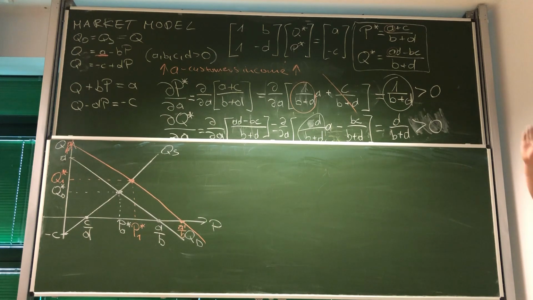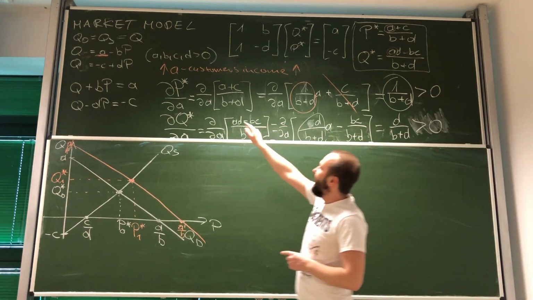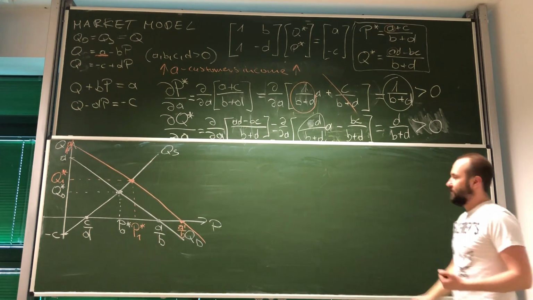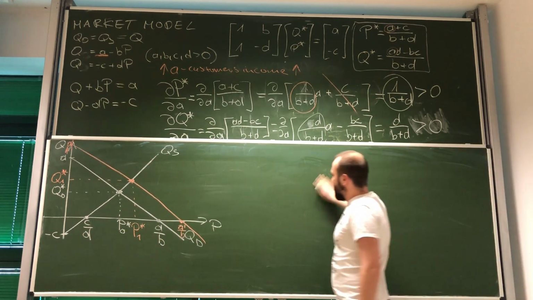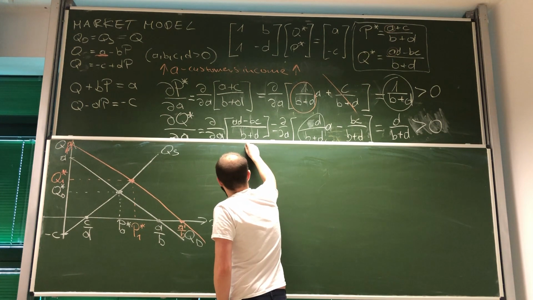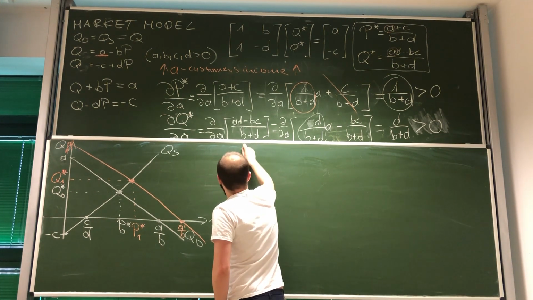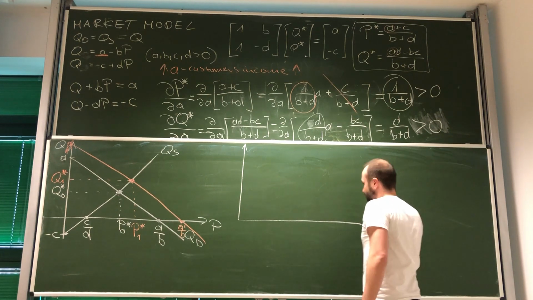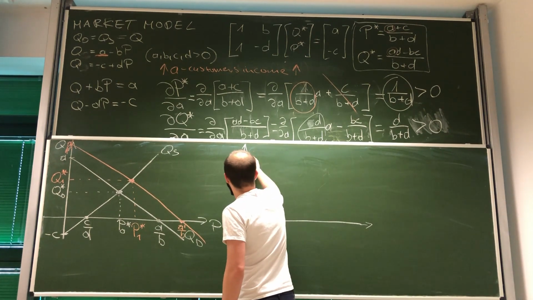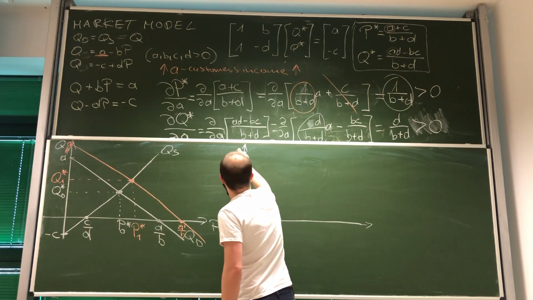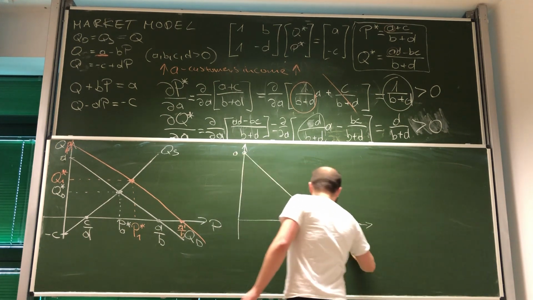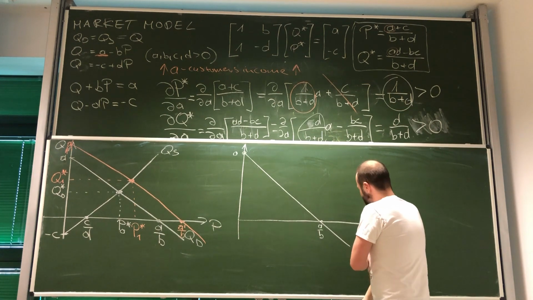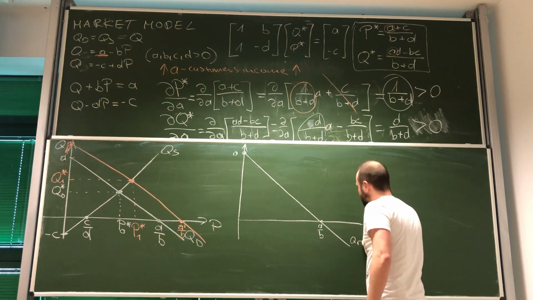Let's now continue with demand and let's see what happens if B increases. Okay, so we need to start by drawing another graph. So we've got some A over B. This is our QD.